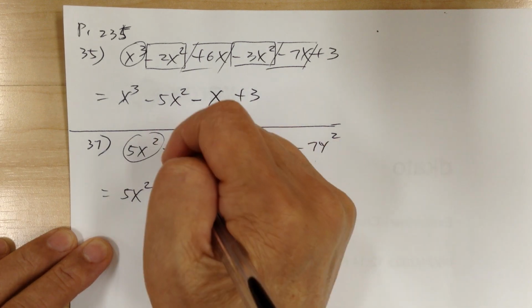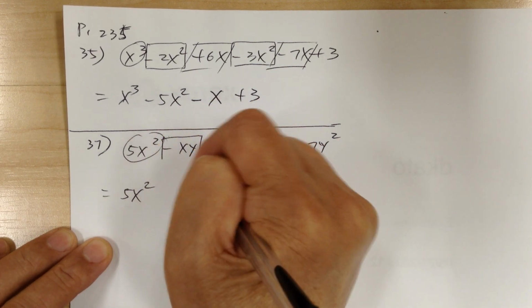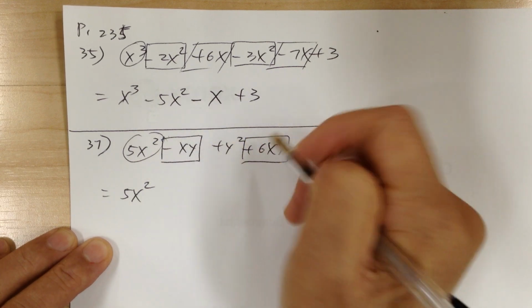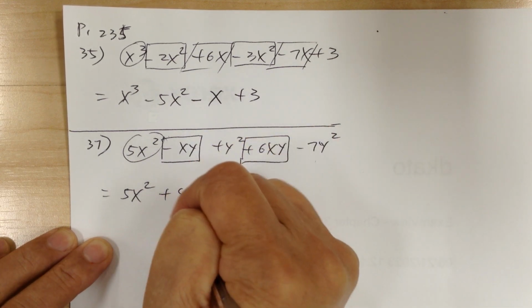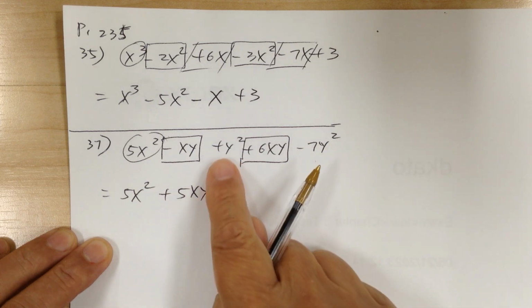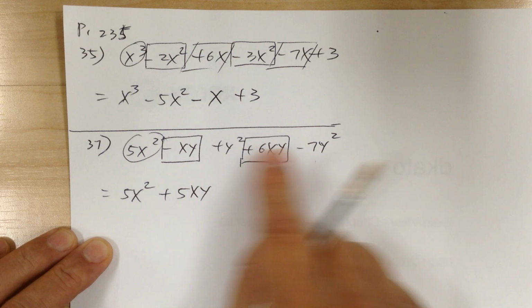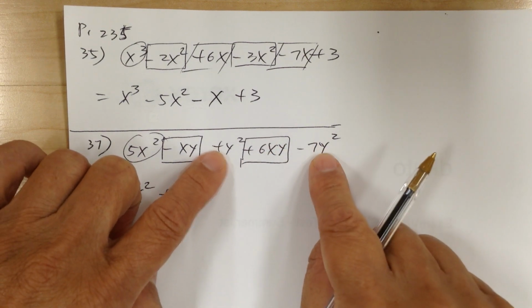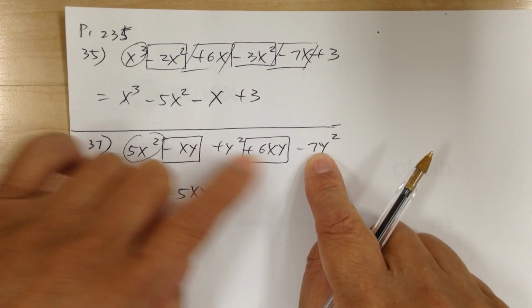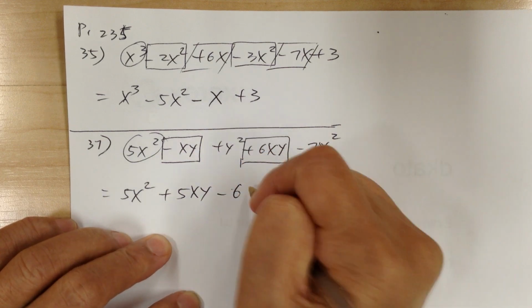Okay, so let's go and do the xy. So this will give me plus 5xy, and then this one, the leftover, you don't want to box it or anything because that's leftover. So 1 minus 7 would be minus 6y squared.